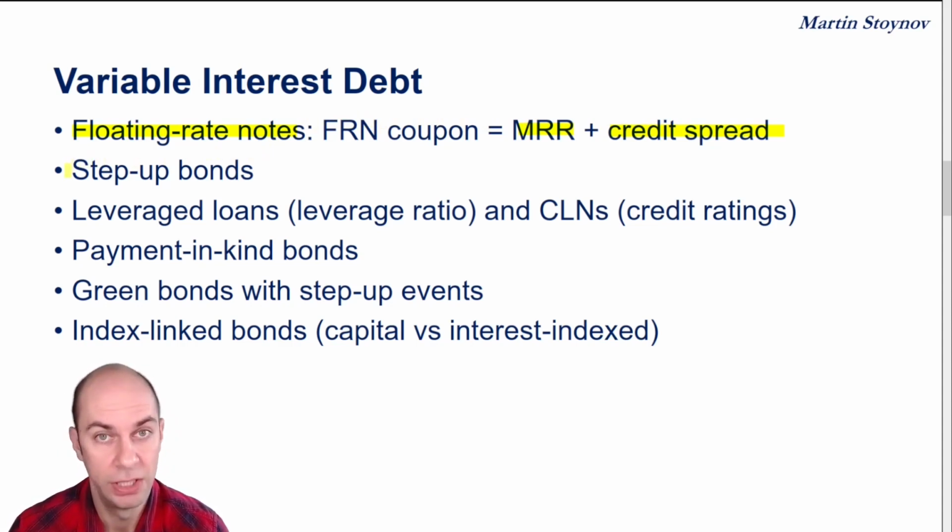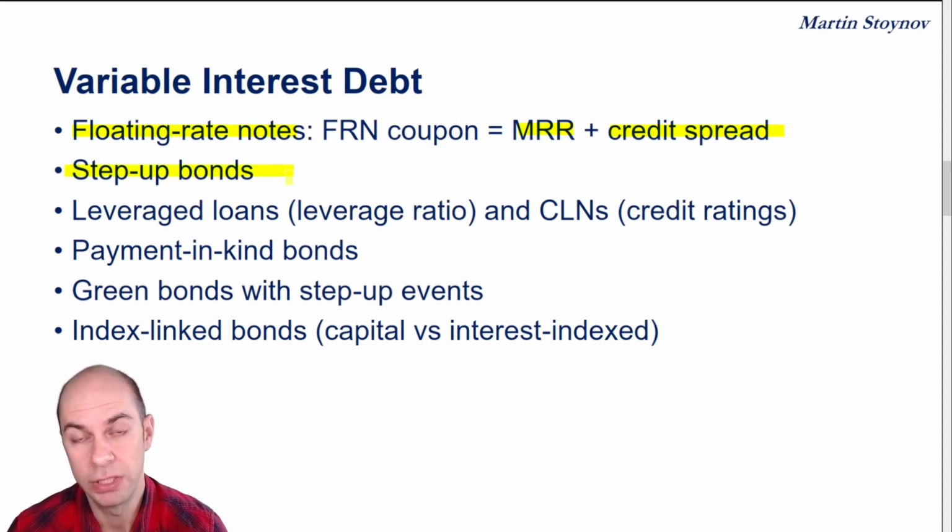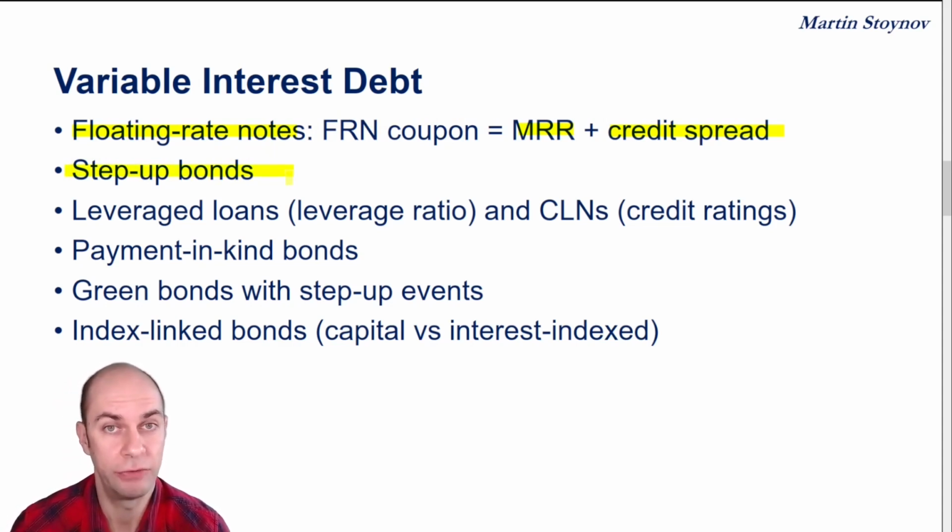Another type of bond that doesn't have a fixed coupon is the step-up bond. A step-up bond is a bond that uses a predetermined schedule to increase the coupon rate. For example, for the first few years, the coupon may be 3%, but then it could step up to 4% and eventually it could step up to 5%.